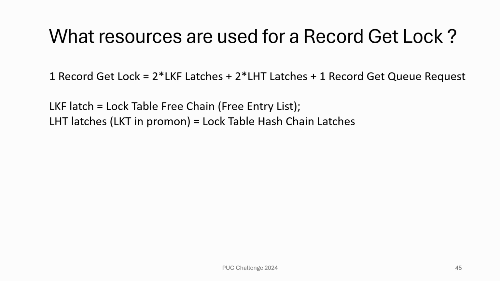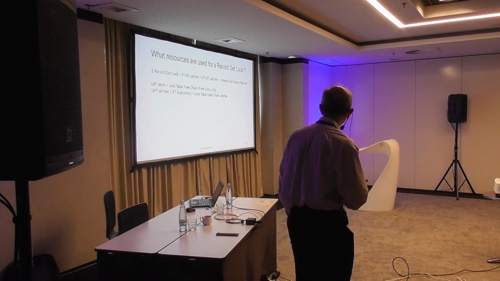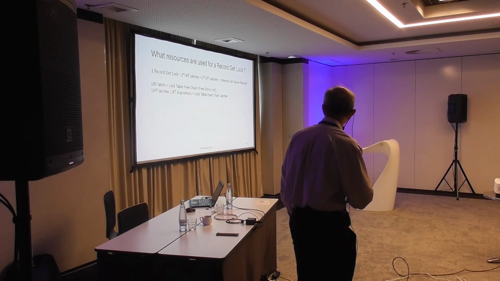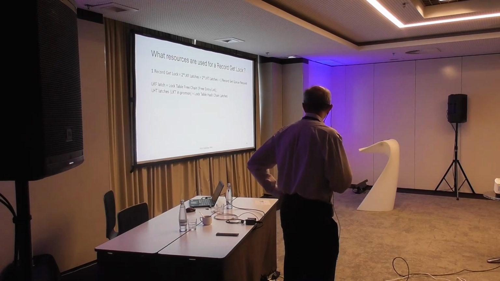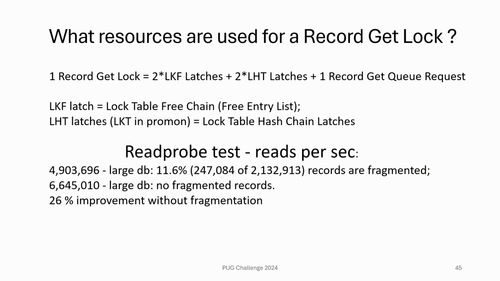And what happens when a record get log happens? Basically, a record get log involves two latches of this type and two of this type, four in total, and one record get request. These are the latches spelled out. Now we did the test with a read probe.